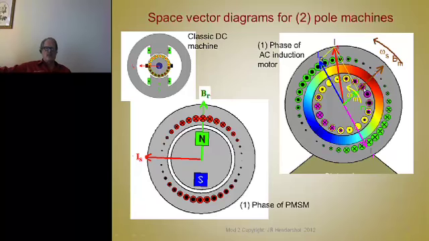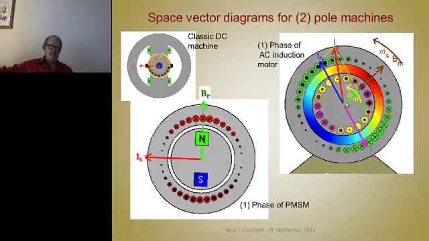Now, the induction motor works differently. It still has two magnetic fields, and the current and the field need to be 90 degrees apart, but if they're exactly 90 degrees apart, no current flows in the rotor bars, so you won't draw any torque. So the stator current, that's this vector right here, consists of two vectors.